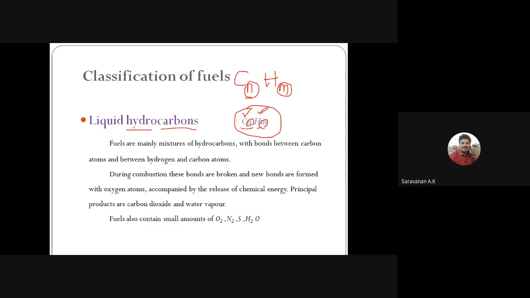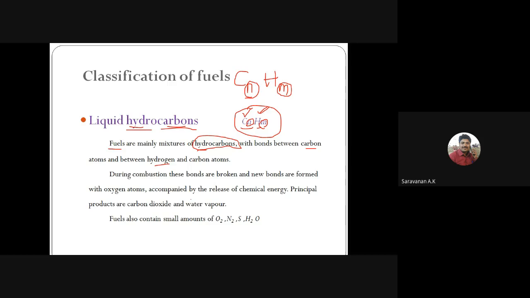So the liquid hydrocarbon is the fuel. It is a mixture of hydrogen and carbon, a mixture of hydrocarbons with bonds between the carbon and hydrogen atoms, right? Then during the combustion, these bonds are broken, and a few new bonds are formed with some oxygen atoms.